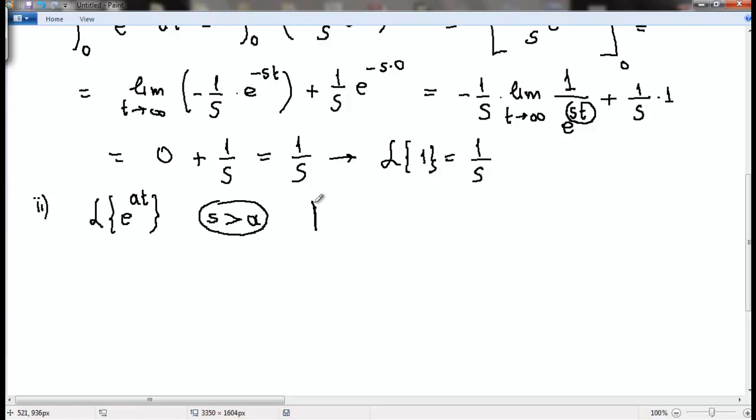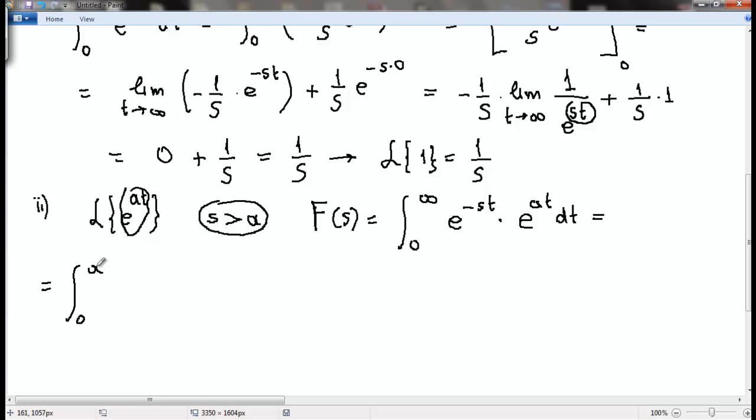We must find capital F of s, that's the integral from 0 to infinity of e to the minus st times f of t, and f of t is e to the at, dt. Here I have to find the integral from 0 to infinity of e to the power a minus s times t dt. Now you understand why I have this constraint: s minus a must be positive in order for the improper integral to exist.